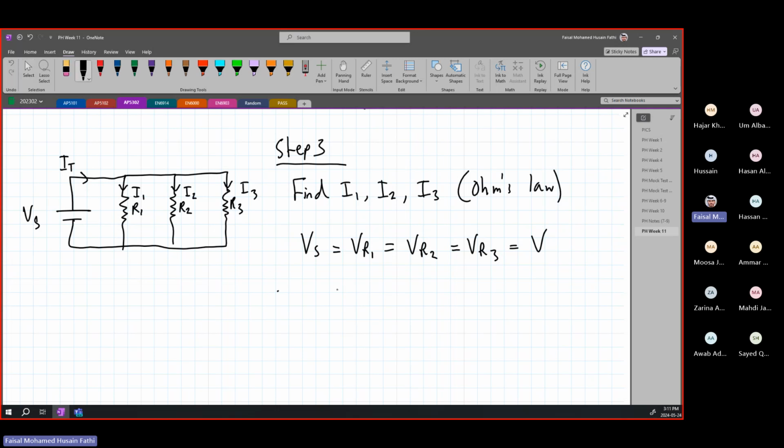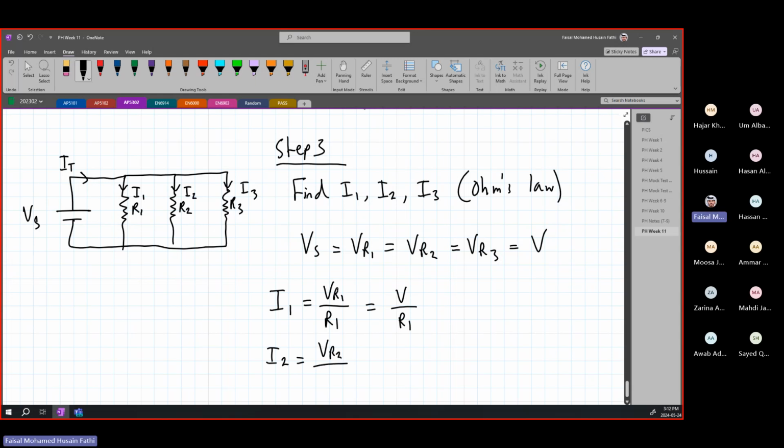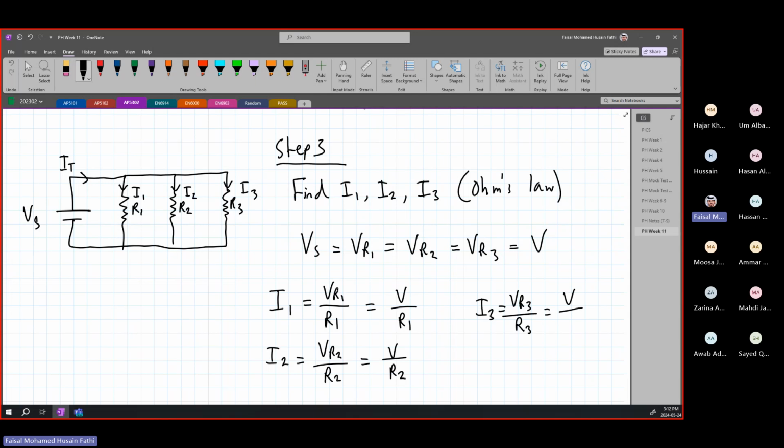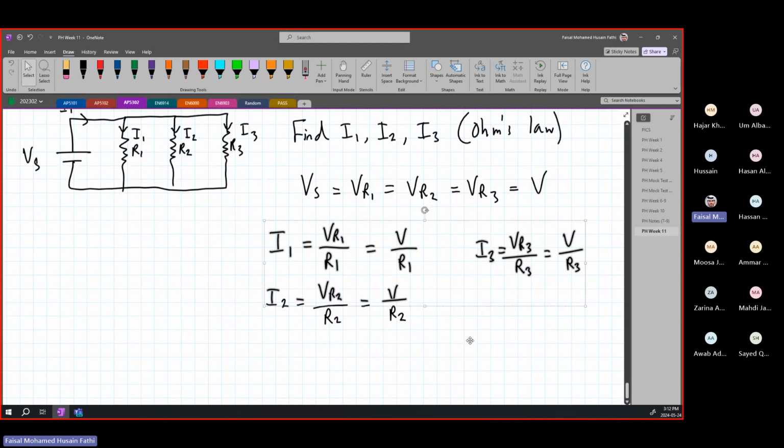So we can apply Ohm's law for I1. It is equal to VR1 over R1, or in other words, V over R1. Same thing for I2: VR2 over R2, or V over R2. Same thing for I3: VR3 over R3, simply V over R3. And that's how you'll be able to find your current through everything.